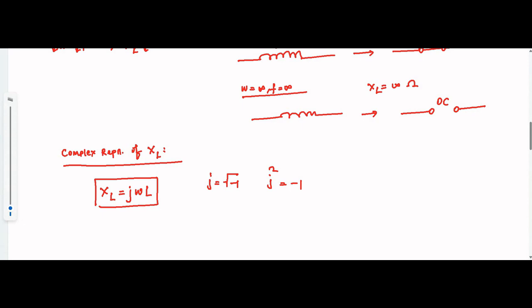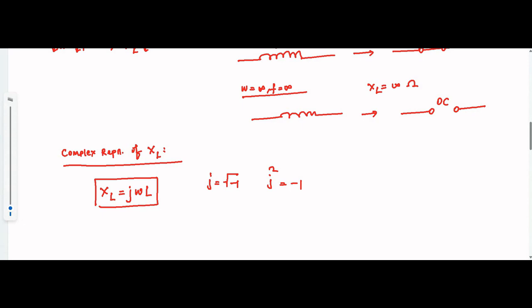In some cases you will find I, but in most places you will find J. Here it goes into the domain of complex analysis, and we'll also discuss in detail how this comes. So the complex representation of inductive reactance is XL equal to J omega L.